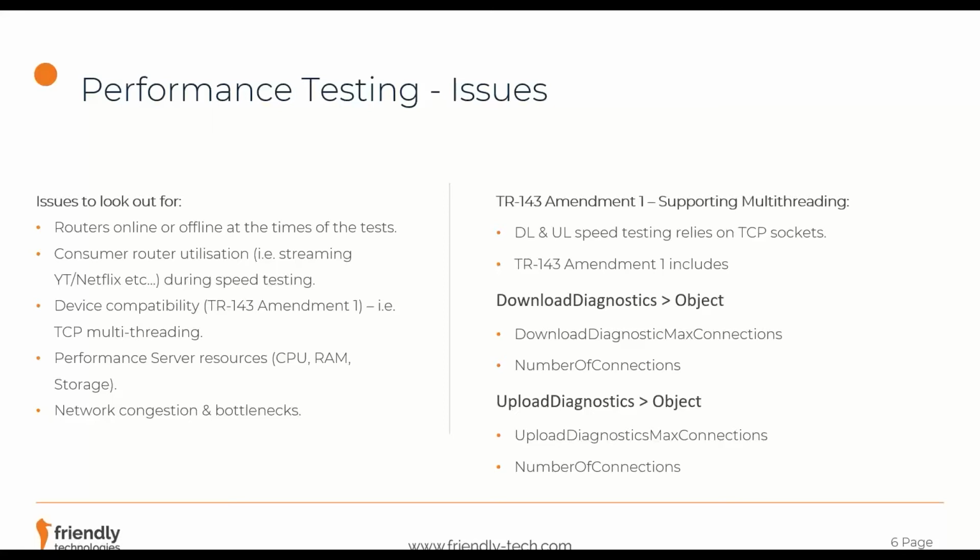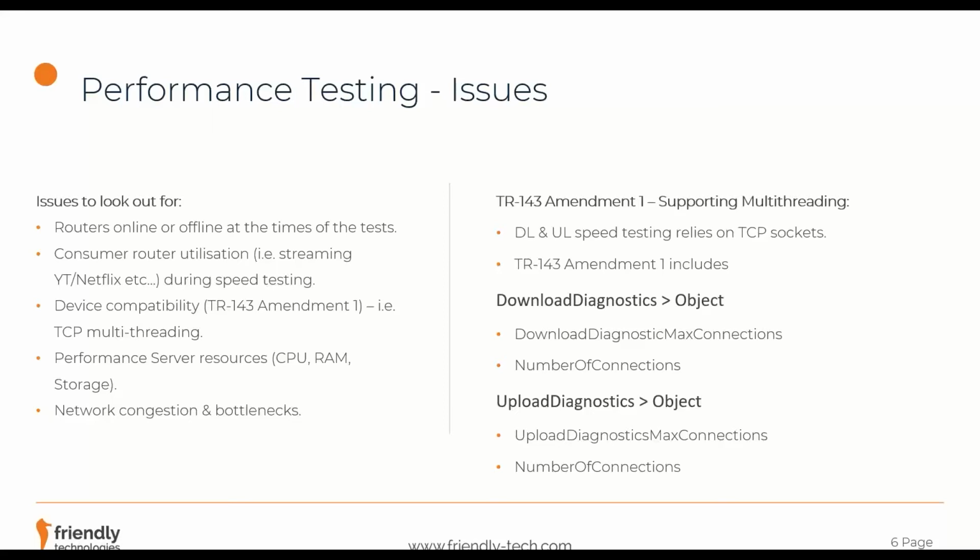So I was talking about TR143 and that Amendment 1. Supporting multi-threading is very important, and in particular, supporting the maximum number of connections. Depending on the device's resources and capabilities, it may not be able to support too many concurrent threads, but if the resources on the router are sufficient, it could. We see devices with up to 32 maximum connections.